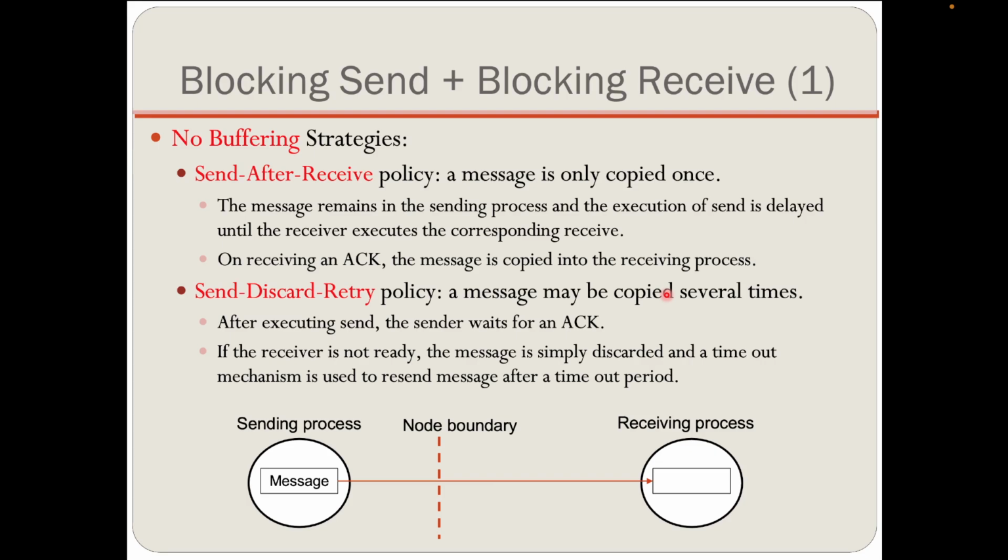Conceptually, here is the boundary of the nodes. The message is copied from the sender's address space to the receiver's address space, without any physical message buffer in the sender's host and receiver's host.